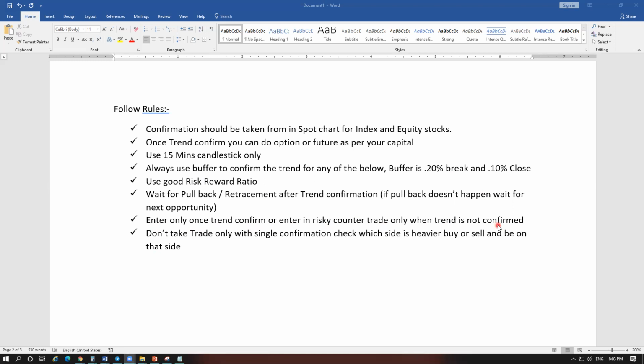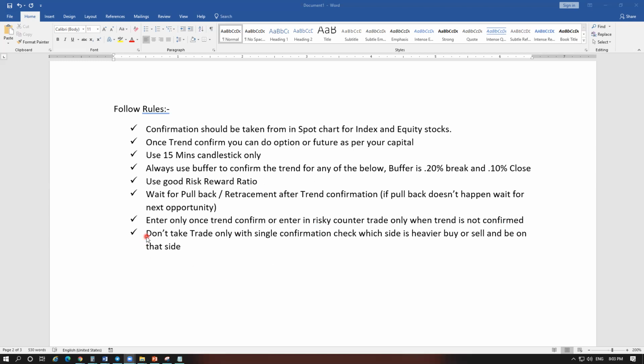For example, you pick a Reliance stock for an intraday to buy tomorrow, and now the trend is showing that it will fulfill our sell criteria, but till that time the sell criteria isn't confirmed yet. So sell is not confirmed, then we will take a counter trade buy. It's a risky counter trade. As per your risk appetite, you can take it.